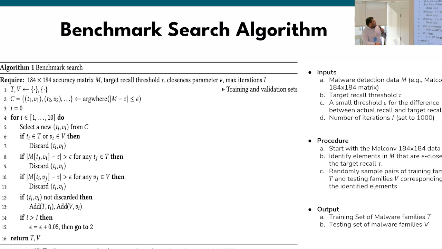And so we simply input the target threshold, we identify the elements which are very close to the target threshold in the matrix. We randomly pick those cells and we create a training and testing data set, but we make sure that no families in the train and test set are similar.